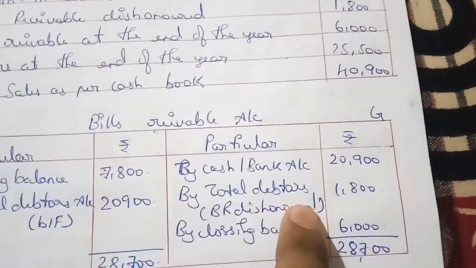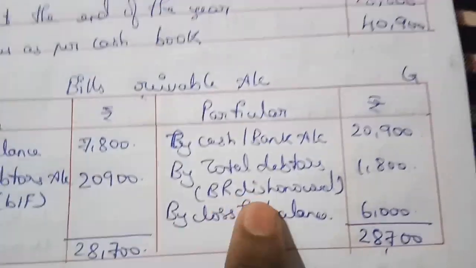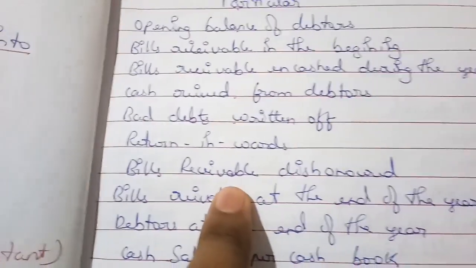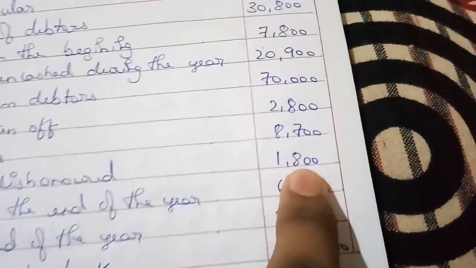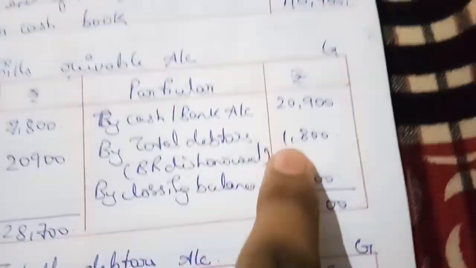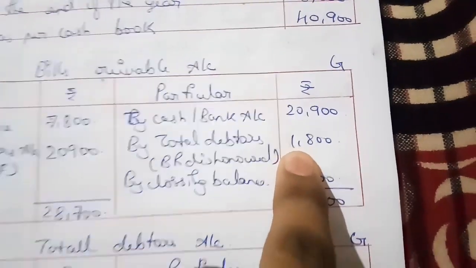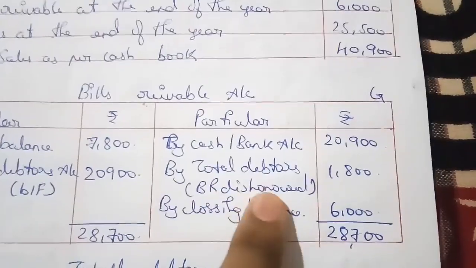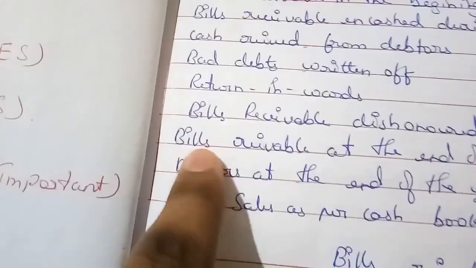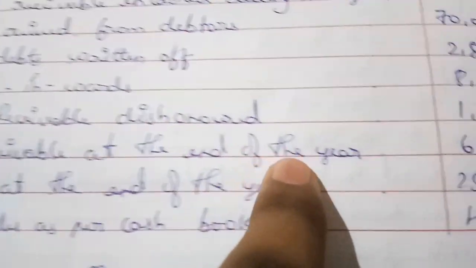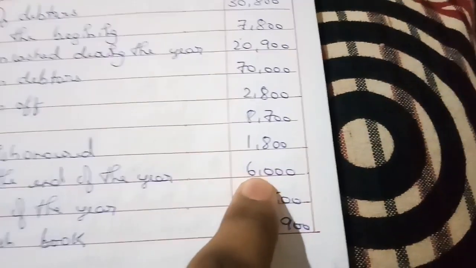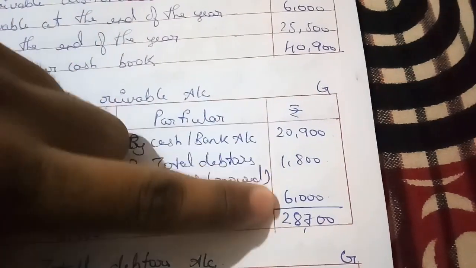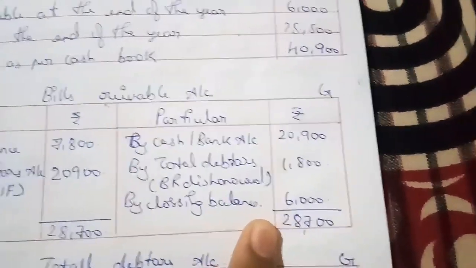Next we have by total debtors, because BR is dishonored. In this question, bills receivable dishonored, which was 1,800, we have taken here. I have given a reason in brackets also. You have to also give by closing balance, which was bills receivable at the end of the year, which is 6,000, and I have noted it down here. Then the total of these will be 28,700.